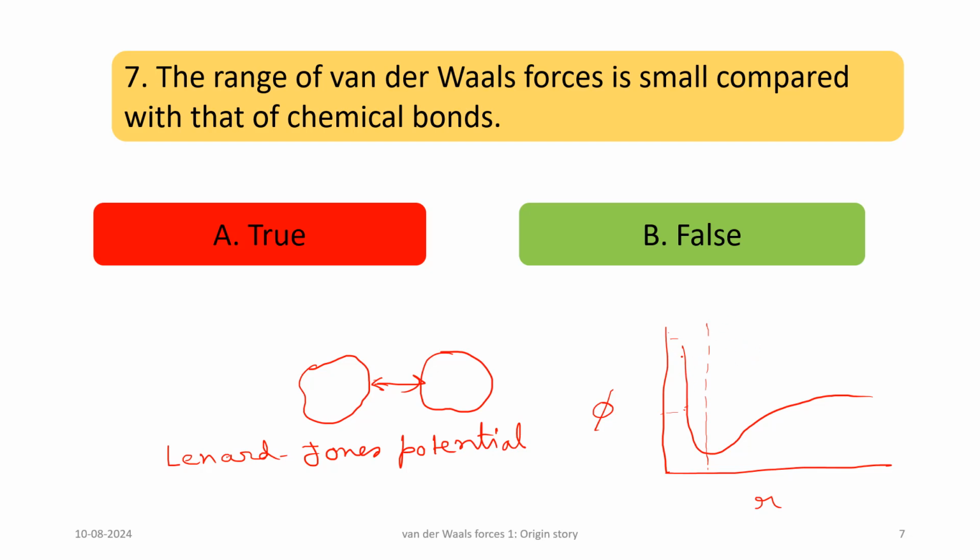So this is the repulsion zone, and when the distance increases a little bit, they experience attraction to each other. So this curve represents the attraction zone.